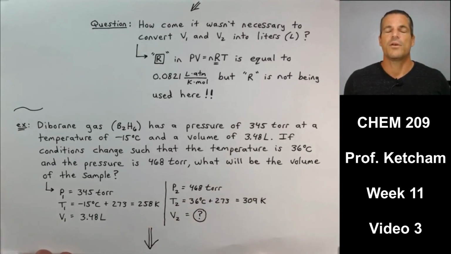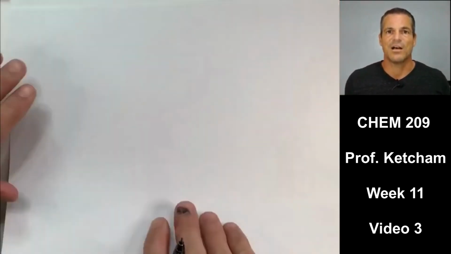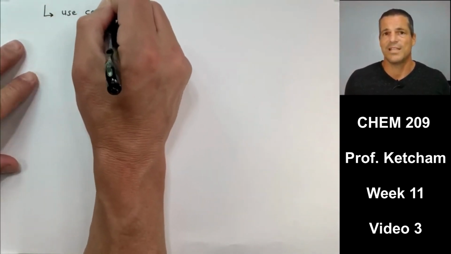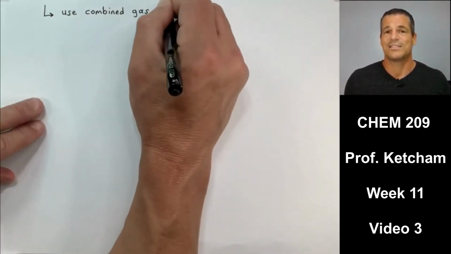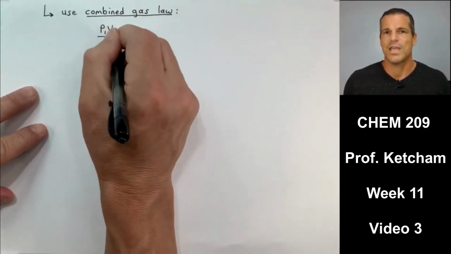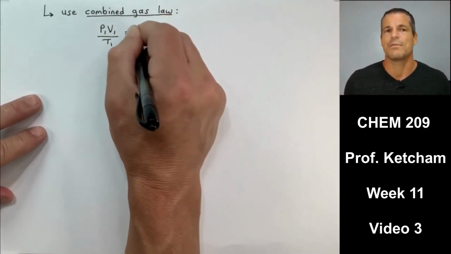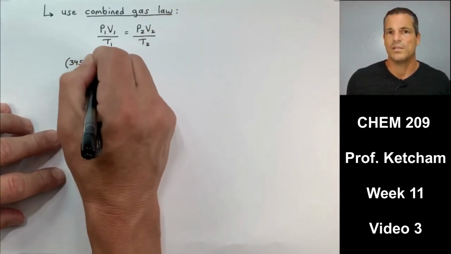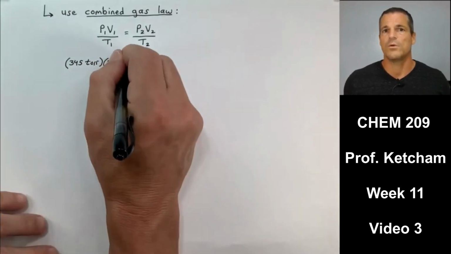So this is going to be the combined gas law, except I don't have to include the N1 or N2 because it's the same sample of gas, so N1 equals N2, it drops out. This is a combined gas law problem. P1 V1 over T1 equals P2 V2 over T2.